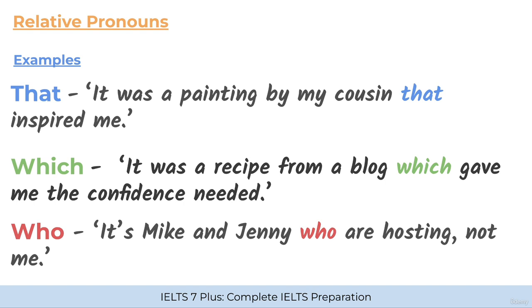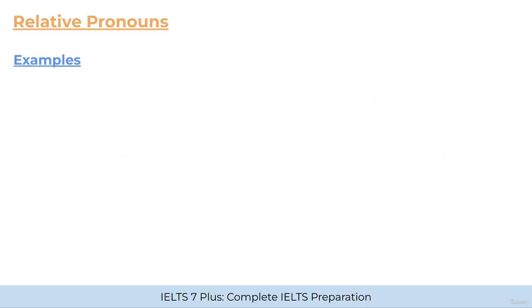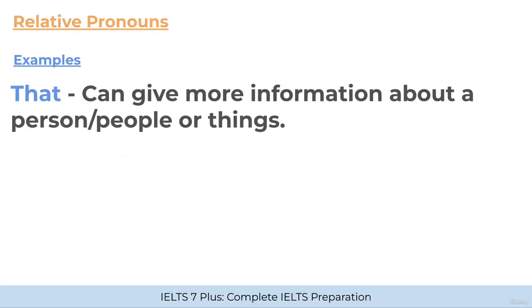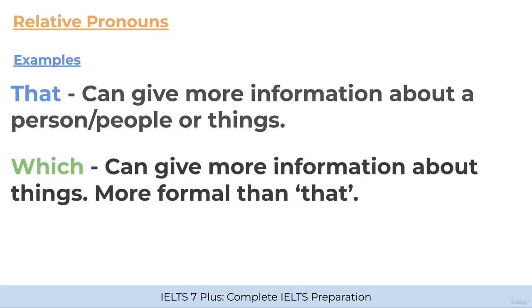So now that we've sort of had a few examples here, maybe you recognise cleft sentences. They can come up in speech and in writing as well. So that can give more information about a person, people or things, so nouns, which can give more information about things, and it's a bit more formal than that.